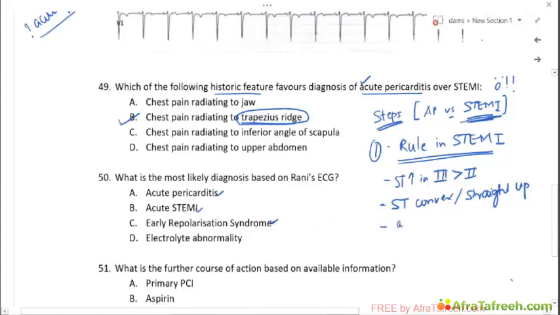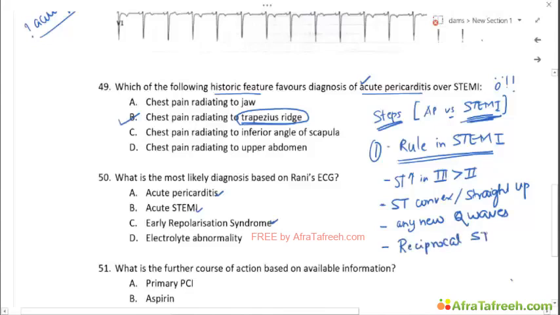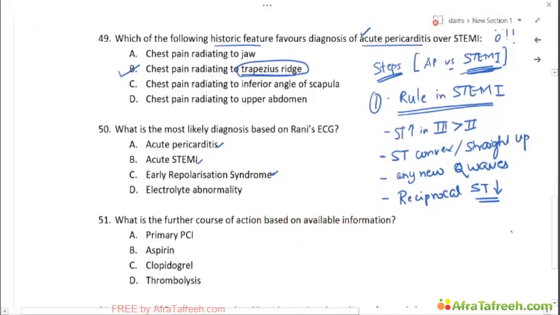If you see any new pathological Q waves, or if you see any reciprocal ST depressions along with ST elevations, that means many leads have ST elevations, but the leads opposite to the concerned leads also have ST depression, right?